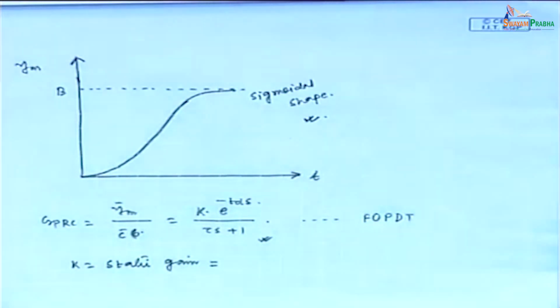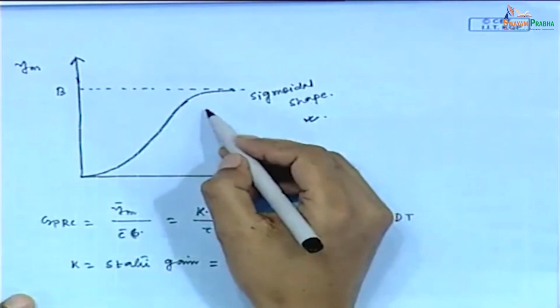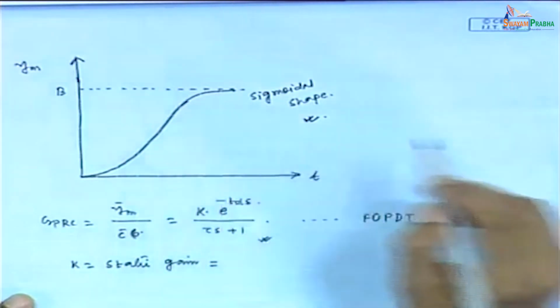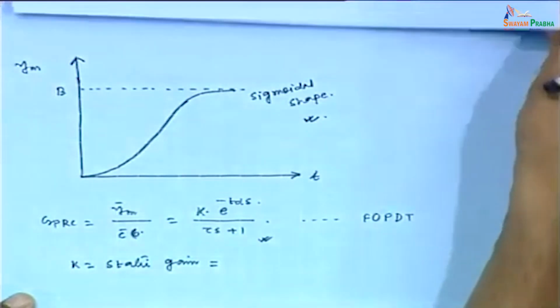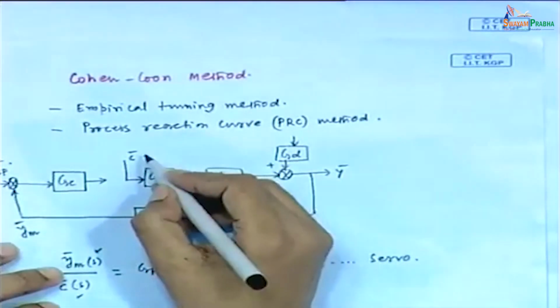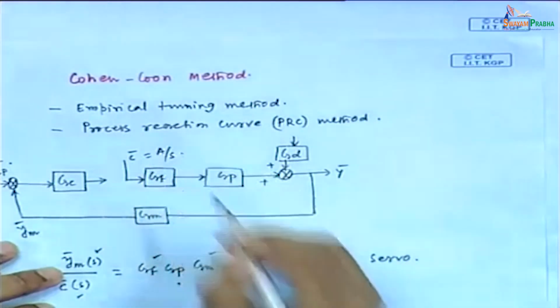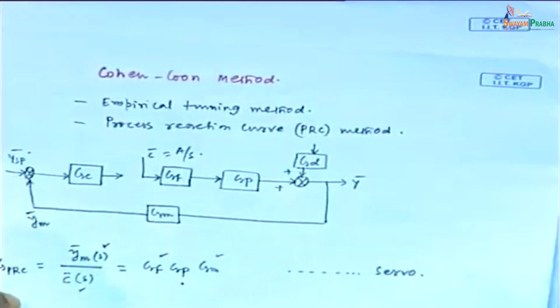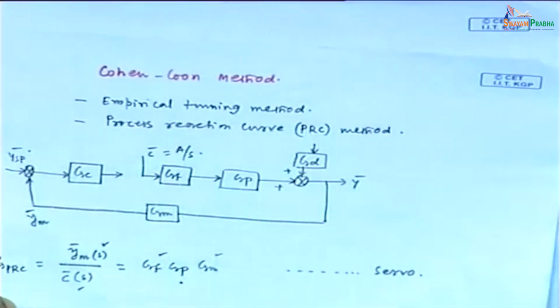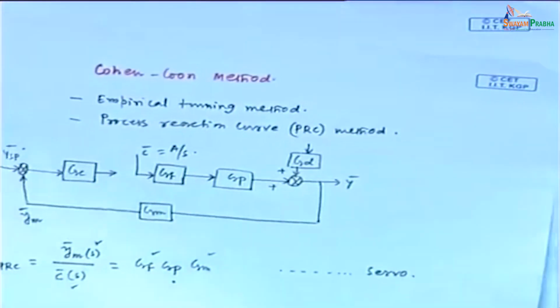So, what will be the expression for gain? For most of the chemical processes, Cohen and Kuhn observed this type of response when a step change is introduced in C. Sigmoidal shape is obtained when a step change with magnitude A is introduced in C.